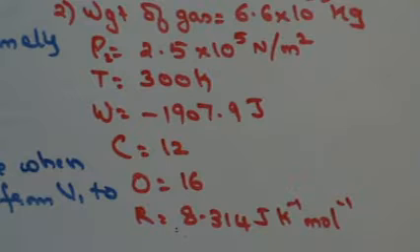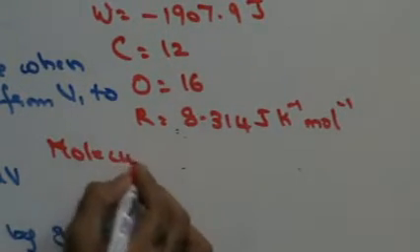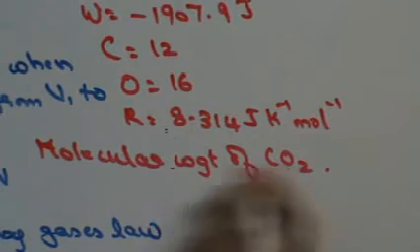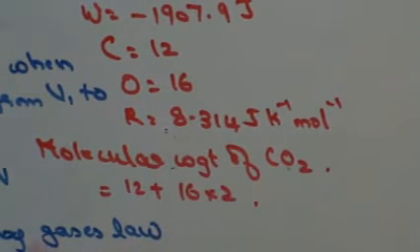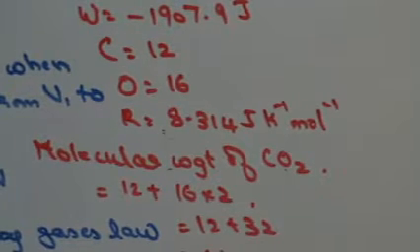Let's see this. First, let me find out the number of moles. What will be the molecular weight of carbon dioxide? Molecular weight of carbon dioxide is 12 plus 16 into 2, 12 plus 32, 44.